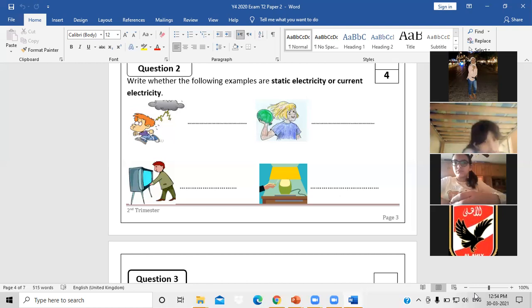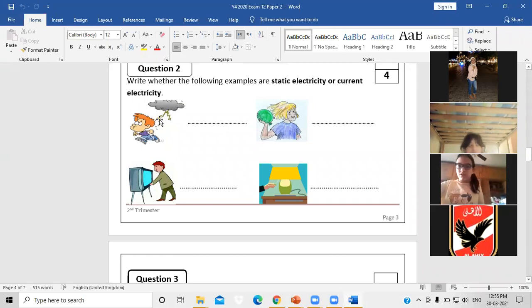Can you tell me which one is the static electricity and which one is the current electricity? The static is the thunder. Yeah, the lightning, not the thunder. The thunder is the sound. The lightning is the light that comes out.